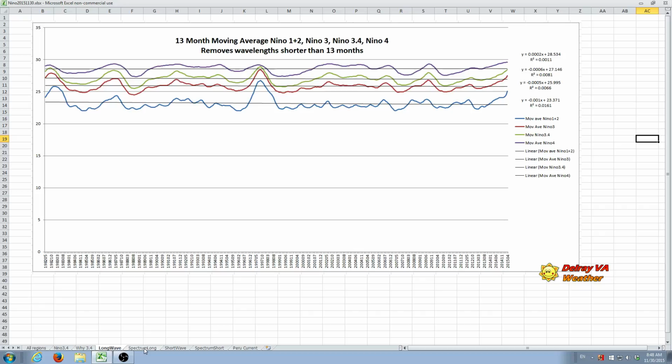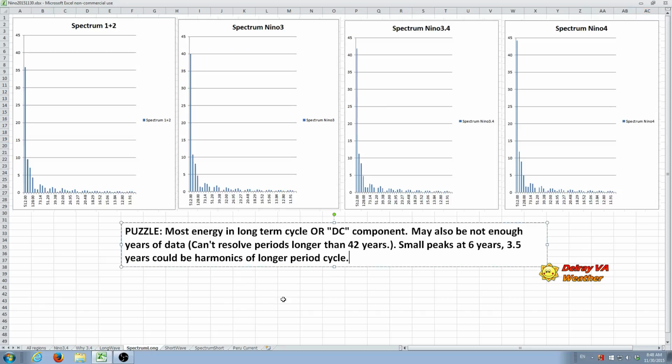Okay, then I took that data and subjected it to a spectrum analysis. And this is the resulting values for each of the areas of El Nino. If you notice, there's a very high peak here at a very long cycle. It's like 42 years, and that peak is in all of these regions. But if you also notice, these peaks get progressively larger, and they come up like this on all of the graphs.